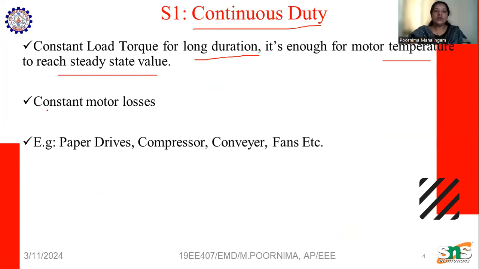When the torque is constant, the motor losses are also constant. This type of duty is used in paper mills, compressors, conveyors and fans. These come under continuous duty, where the motor runs continuously for 60 minutes, an hour, 2 hours, and so on. The loss is also constant.